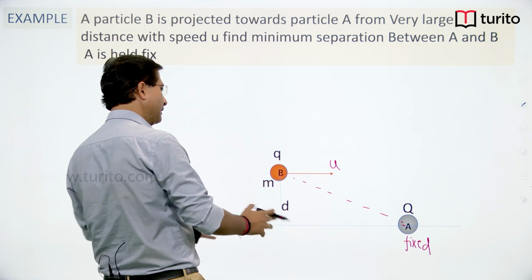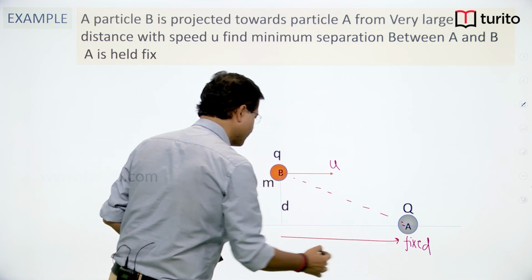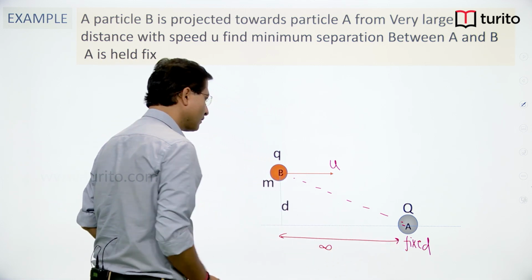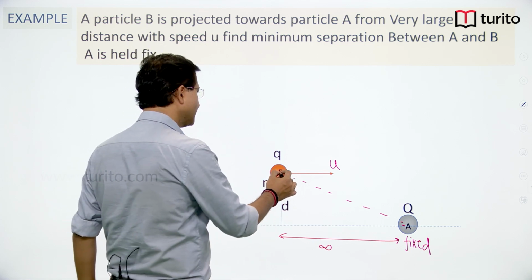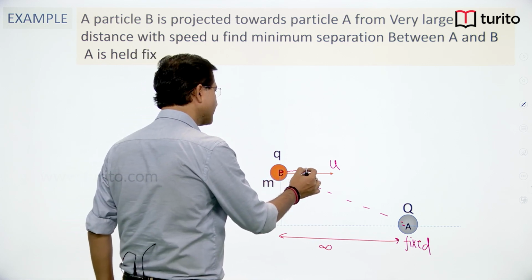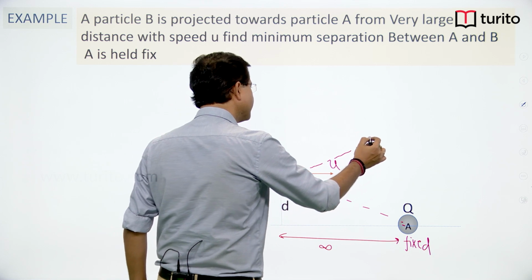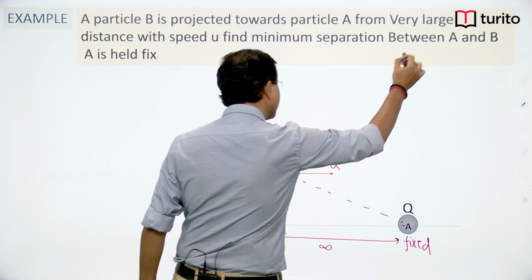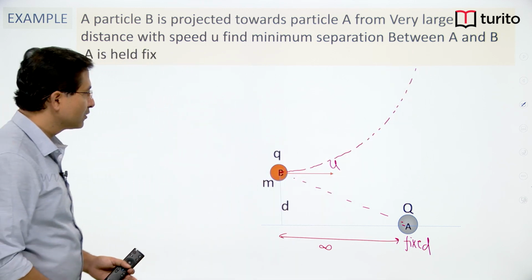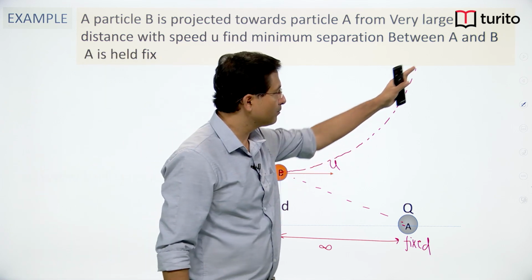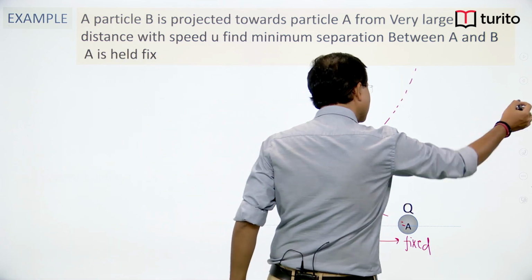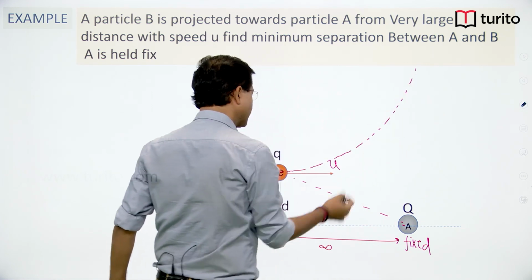It is projected from very large separation. So, initially this separation is infinity. So, the path it follows will be something like this. It starts experiencing repulsion and it will be like this. So, this particle will follow path something like this.